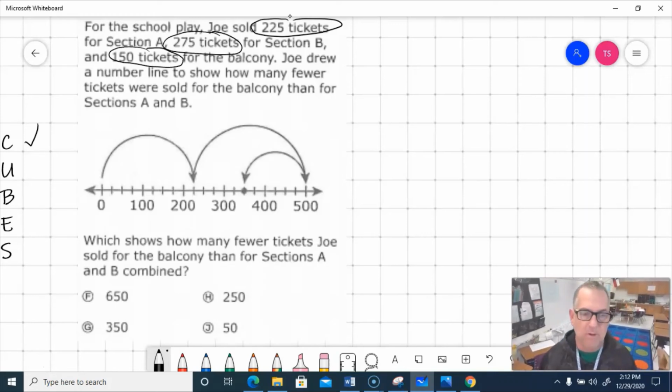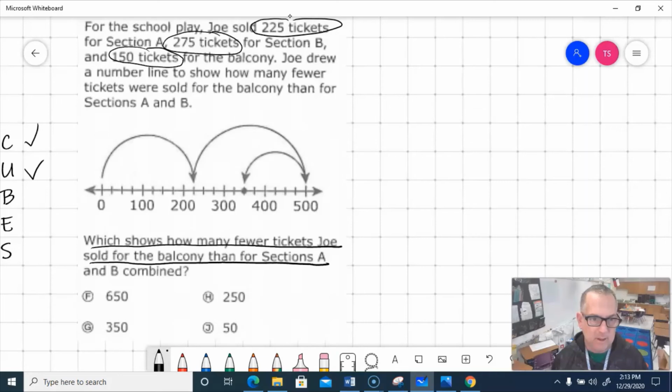That looks like basically all the information I need to solve the problem. I'm going to underline what it's asked me to do, and it says, which shows how many fewer tickets Joe sold for the balcony than section A and section B combined.